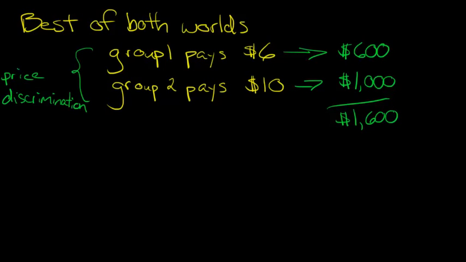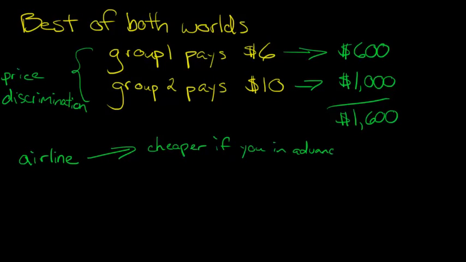One we think of is the airline industry. If you notice, in the airline industry, people who pay in advance pay much, much cheaper prices. I'm talking weeks in advance. If you book your tickets in advance, you pay a cheaper rate.